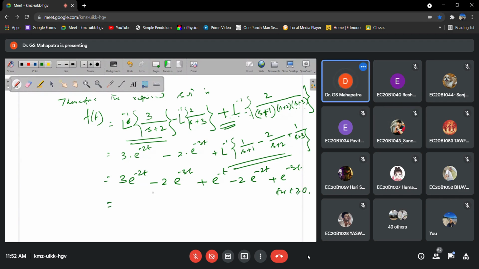So now, if we simplify, the required solution is f of t equals to, this one is matching. This one also matching. Correct now. So you can simplify it. What will be the answer?